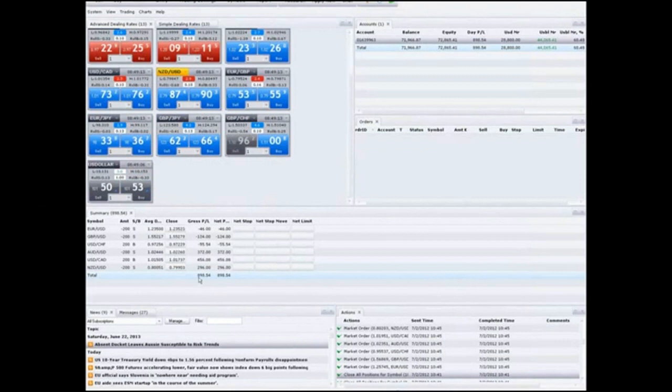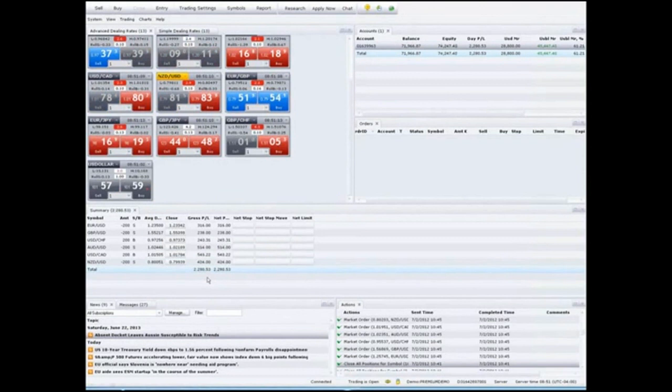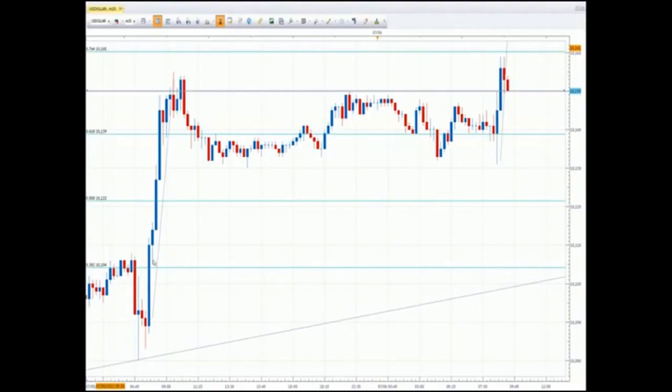Look at how my account went literally in minutes to $889.54. Then it went off to $2,280. And then here's what took place. Now you got to remember, each one of these is worth 100 pips. Each mark is worth 100 pips.